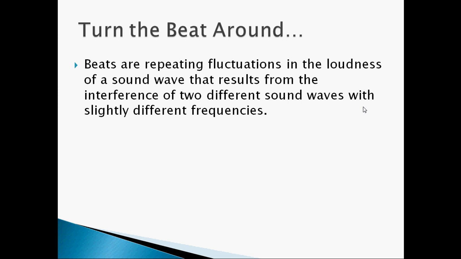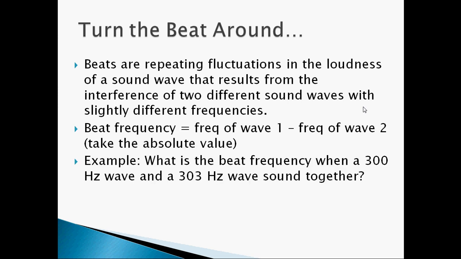To find the beat frequency, which is the frequency that we see in terms of the loudness or softness naturally occurring from the overlap of these two sounds, we can calculate it by just subtracting the two frequencies of the two waves. So for example, if I have a 300 Hertz sound wave and a 303 Hertz sound wave, both going at the same time, I would just subtract those two. I get a beat frequency, so another perceived frequency of 3 Hertz.